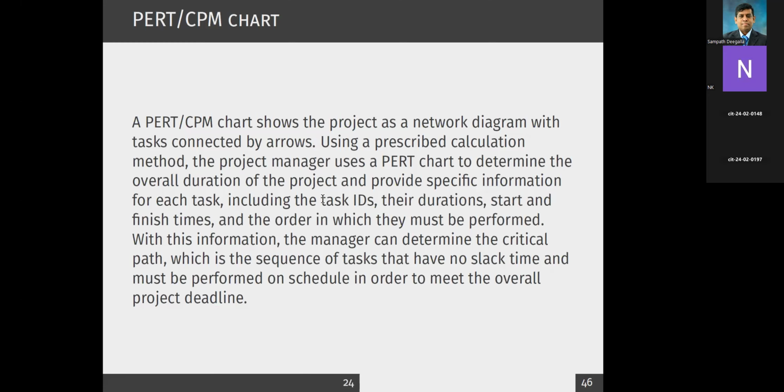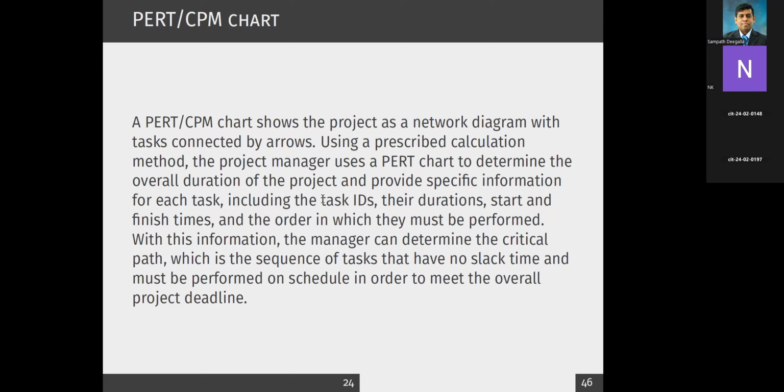Right. Now that we have looked at the Gantt chart, let me introduce PERT CPM charts. Ideally, this is a graphical representation, and we will use what we call the PERT chart to identify the overall duration.